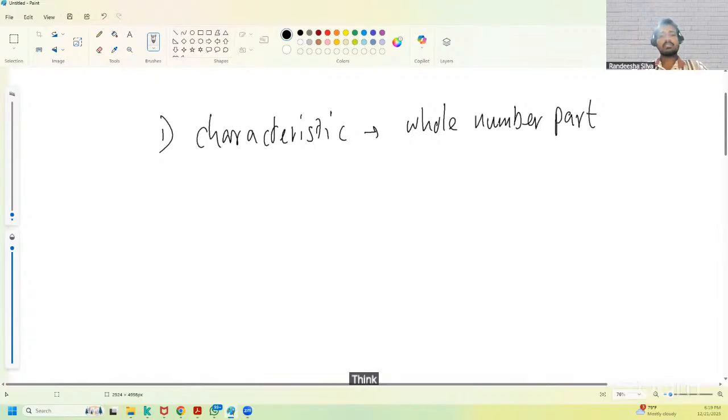For numbers greater than 1, it is simply the number of digits in the whole number part, minus one. I'll explain this using an example. Then the next part is the mantissa. This means the decimal part, which we find in the logarithm table.